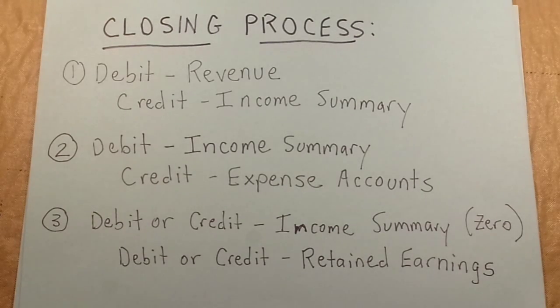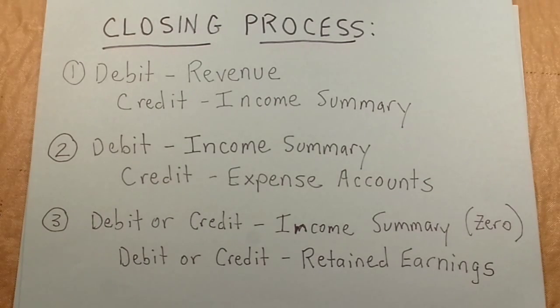So the third entry is kind of a net entry. If this were a more detailed video, I might show you this on T accounts or something, but here we now have a balance in income summary. If you look back at 1 and 2, number 1 credits an amount into income summary. Number 2 debits an amount into income summary. And if you really think about what it is that is being debited and credited there, it's net income for the year.